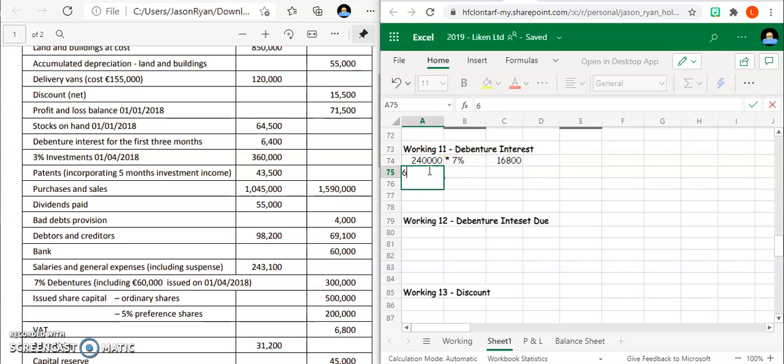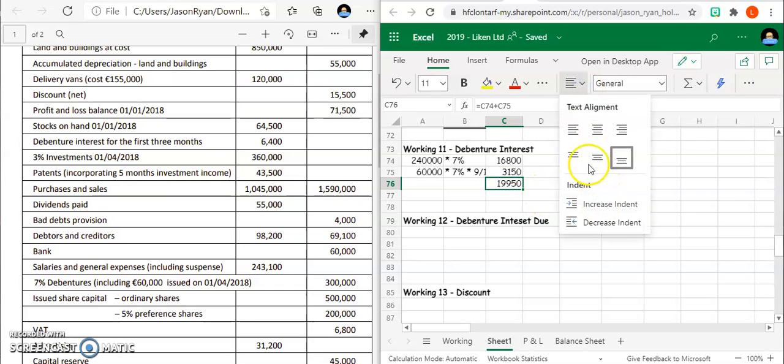And then we've got 60,000, multiplied by 7%, multiplied by 9 divided by 12. So 3,150. So the total debenture interest we have to pay is 19,950. That's the total amount.